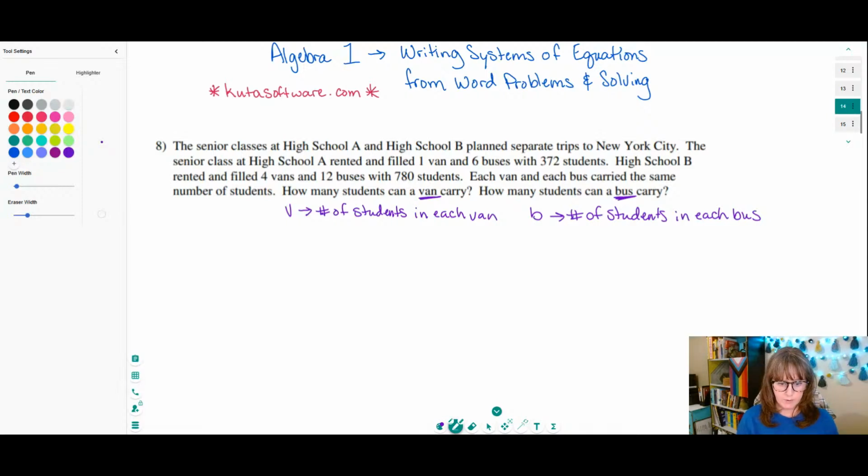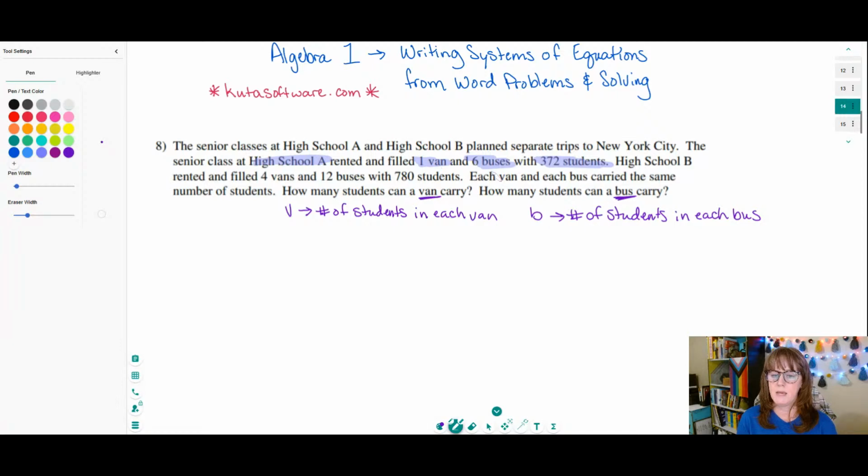So let's go through and see if we can write some of those equations. The senior class at high school, so we're talking about high school A, filled 1 van and 6 buses with 372 students. All right. So if we're talking about students in each van, 1 times the number of students in each van should give us the total number of students in the vans.